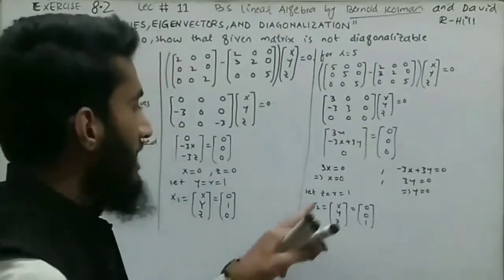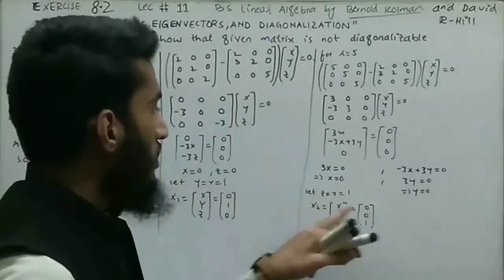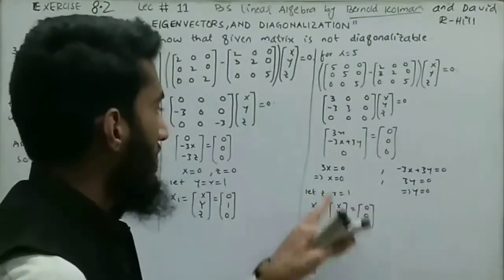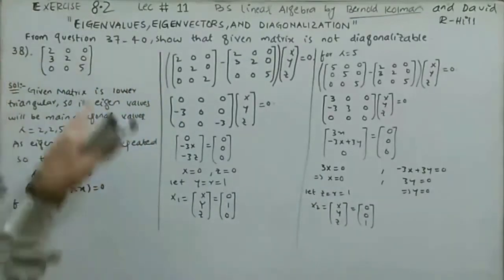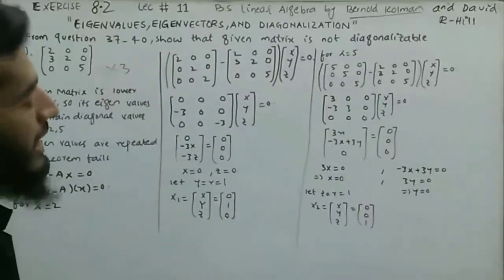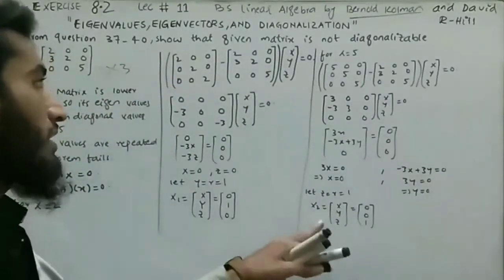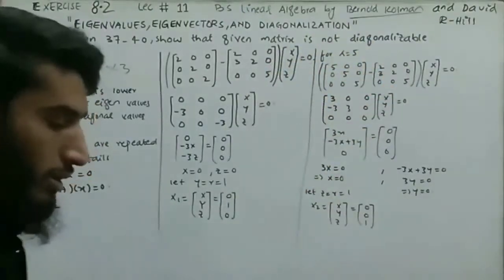My z is not given, it is equal to r equal to 1, so x2 is (x, y, z), where x is 0, y is 0 and z is 1. From over here another eigenvector is generated, but remember my given matrix is a 3 cross 3 order matrix. It means I need 3 linearly independent eigenvectors, not 2 eigenvectors. It means the given matrix is not diagonalizable according to this theorem.